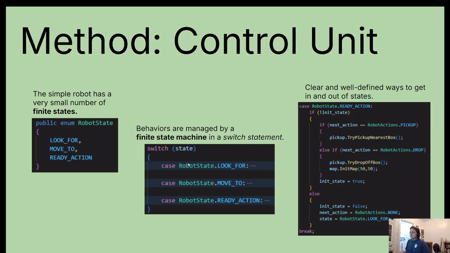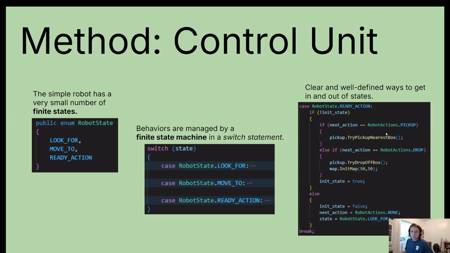In this switch statement, we have a finite state machine. The major requirement there is that we always know how we get out of that state and which states we go to from the previous state. So here's an example in ready action. We've got this next action variable.